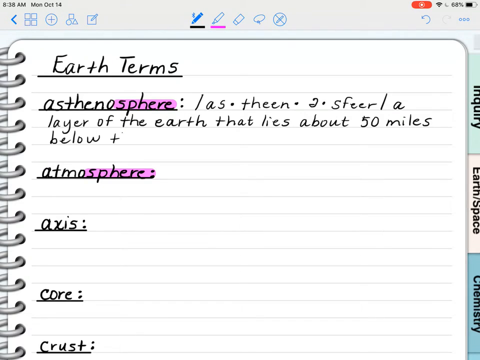And when we do the diagram of the Earth, you will see where that is in the diagram. So this is pronounced asthenosphere.